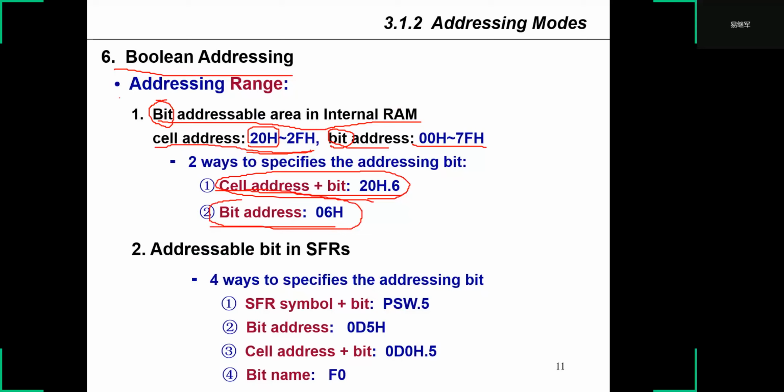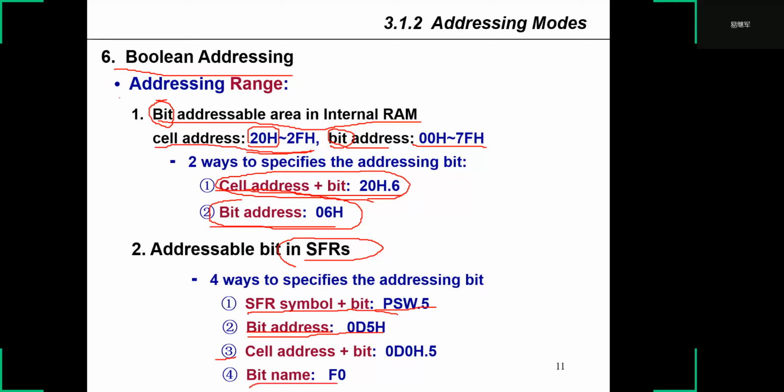For bit addresses in the SFRs, there are 4 ways to specify the addressing bit. One is the SFR symbol with the bit, such as PSW.5. Two is the bit address. Three is the byte address plus the bit. Four is just the bit name.